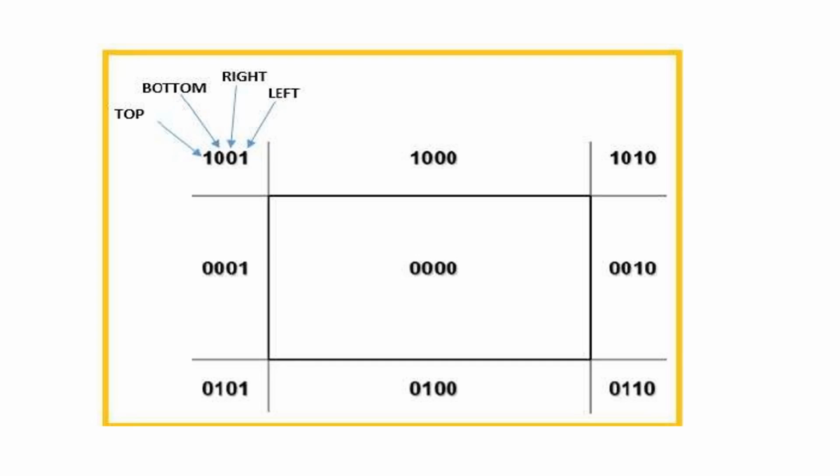Above this region the code is 1000, below it is 0100, on the diagonal left corner 1001, on that side 1010, then 0010, 0110, 0101 and 0001. Here we have 9 positions, and for these 9 positions we have 4-bit region codes: first is the top, second is the bottom, third is the right and then the left. This is the mechanism used for the Cohen-Sutherland algorithm.